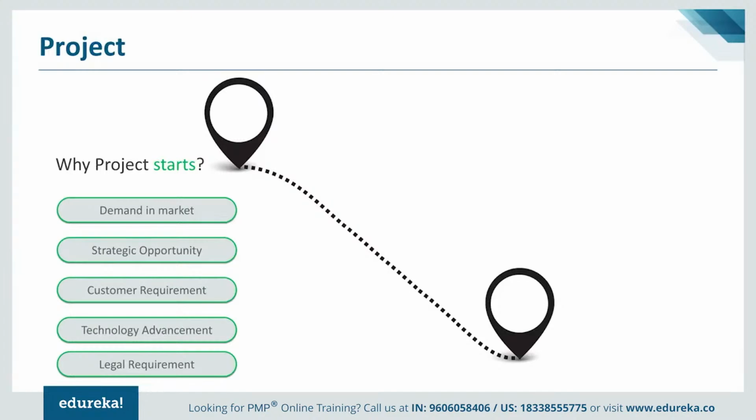Projects are also undertaken if there is any change in technology or if there is any advancement in the technology. And you may have seen it a lot. Typically in IT projects, I have seen teams changing the entire technical landscape from one technology architecture to the other technology architecture. Maybe because then it becomes much easier to maintain.